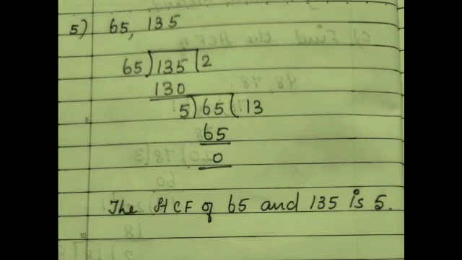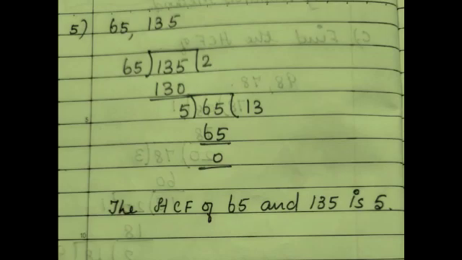Next sum is to find the HCF by the long division method. You will divide the bigger number by the smaller number. So 135 divided by 65, you get 2 as the quotient, as 65 goes 2 times in 135. So you write 130 and the remainder is 5. Then keeping 5 as the new divisor, take the previous divisor as the new dividend and divide further.